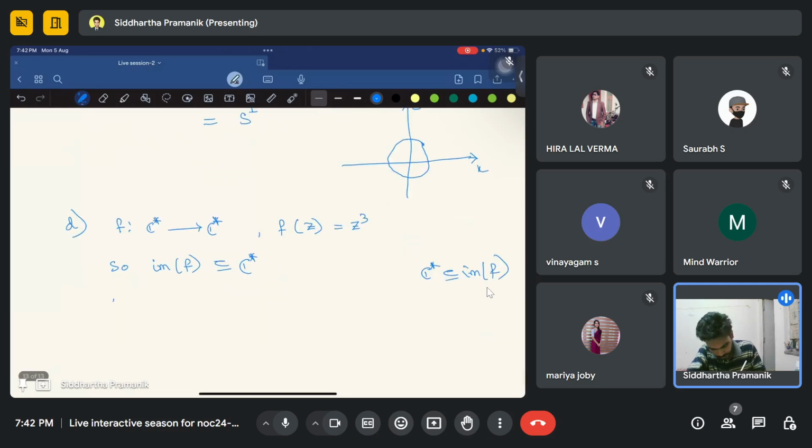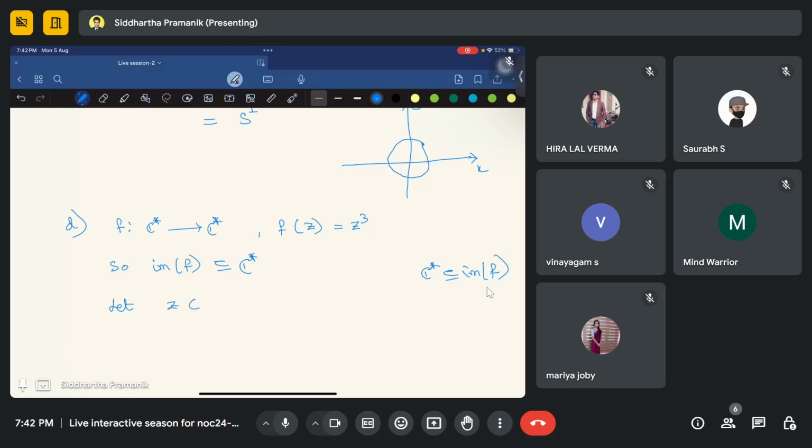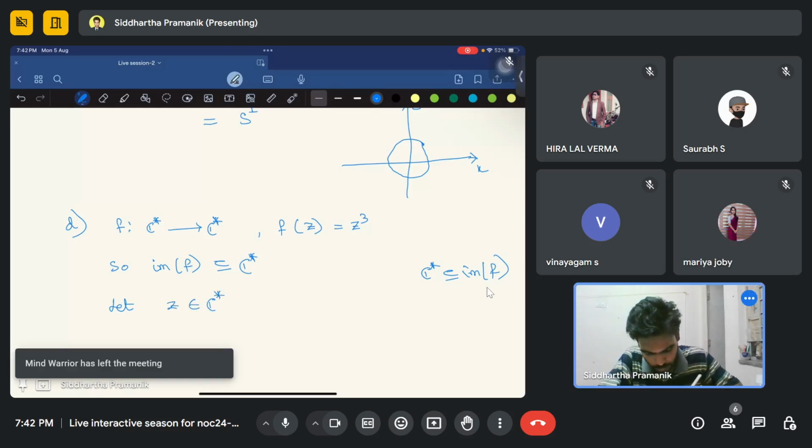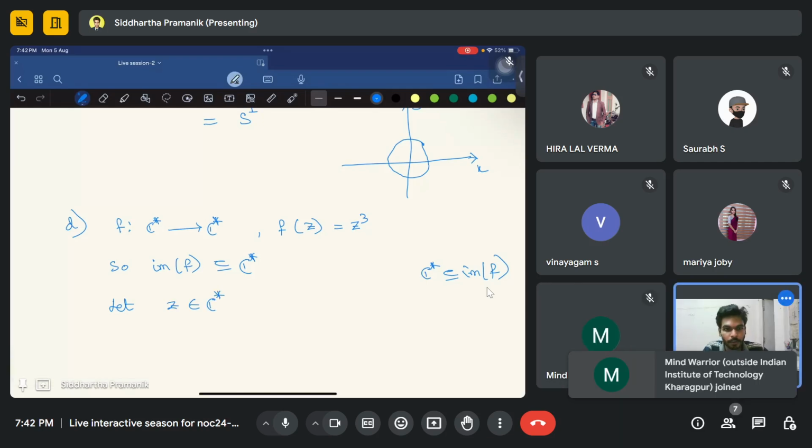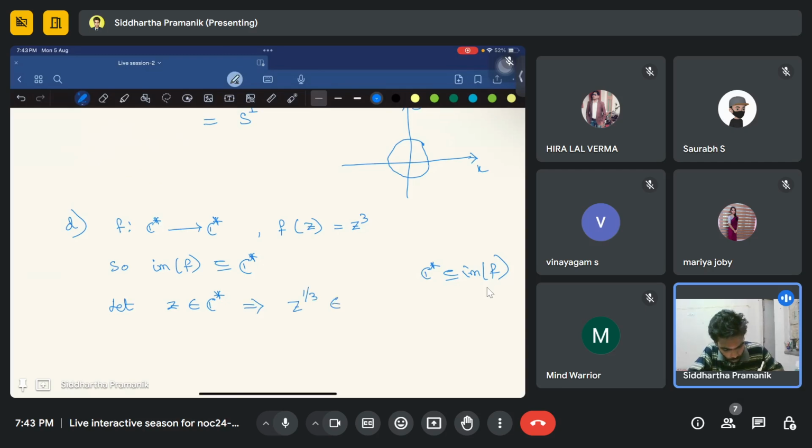So let Z belong to C star. So Z is a non-zero complex number. That means the 1 by 3 power of Z is also a complex number. This is a set of 3 elements, right? If you know a little bit of complex numbers, you might get it. So what will be the image of Z power 1 by 3?